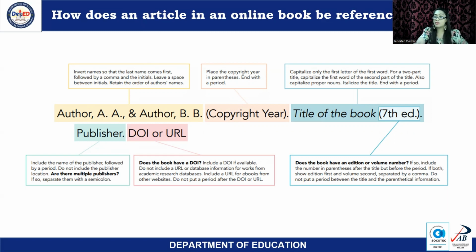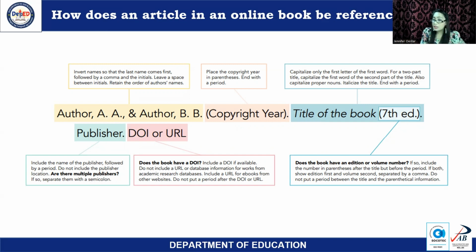Retain the order of the authors' names. For the copyright year, place the copyright year in parentheses and end with a period. For the title of the book, capitalize only the first letter of the first word. For a two-part title, capitalize the first word of the second part of the title. Also, capitalize proper nouns, italicize the title, and end with a period.